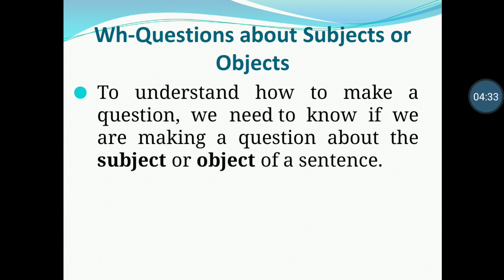WH question about subject or object. We can frame a question about the subject or object in a sentence. So before framing a question, one must be clear whether he is going to frame a question about the subject or object.